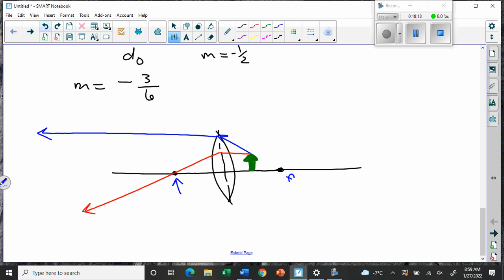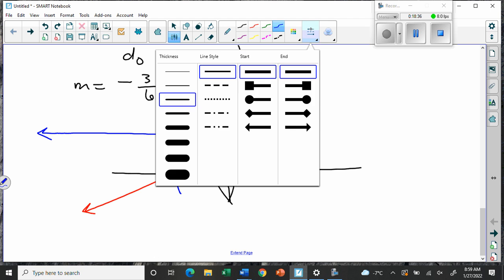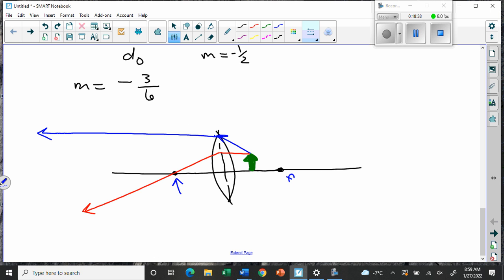But it leaves us with a problem. There's no crossing of the rays, which means there can be no image over here on the mirror, right? And so what happens is the only way I can get an image is if I imagine where these light rays came from. If I imagine that this light ray came from back here like this, right?